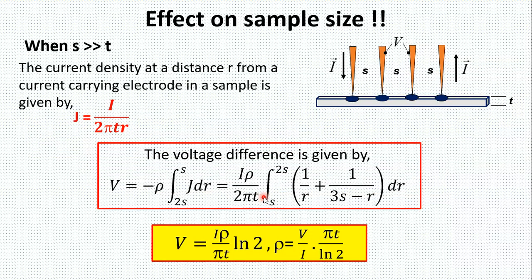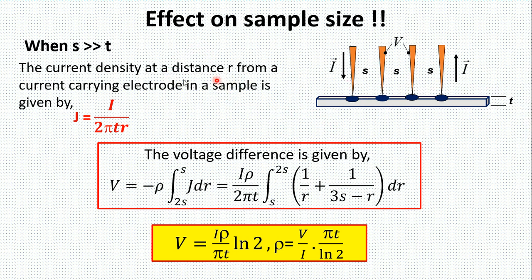Now one more case. If the spacing distance between two probes is much greater than the sample thickness, that means we are measuring a thin wafer or thin sample, then the previous formula cannot be applied.